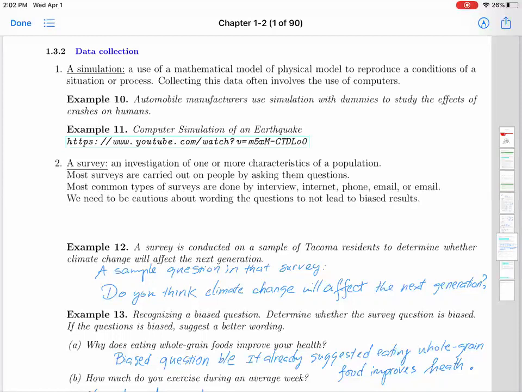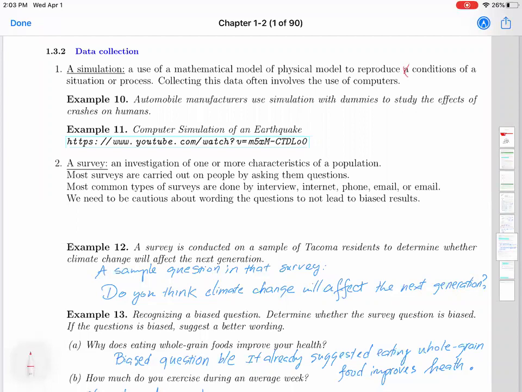This is the method of collecting data when you use a mathematical model or a physical model to reproduce the conditions of a situation or process. This collecting data process often involves the use of computers.